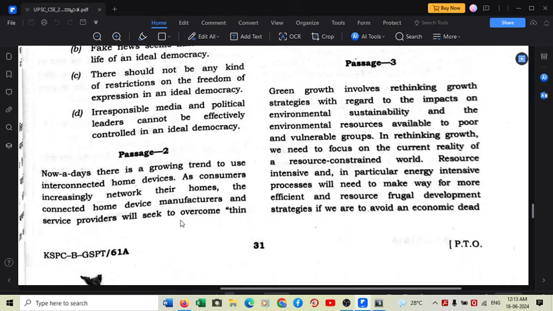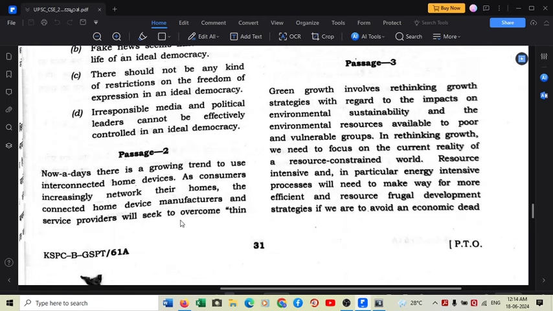But here, what they're talking about is green growth involves rethinking growth strategy with regard to impacts on environment, definitely, and also they're talking about environmental resources available to poor and vulnerable groups. Okay, so in rethinking growth, we need to focus on the current reality of a resource constrained world. Definitely the world is resource constrained. Every kind of resource like coal, iron ore are available in limited quantities.